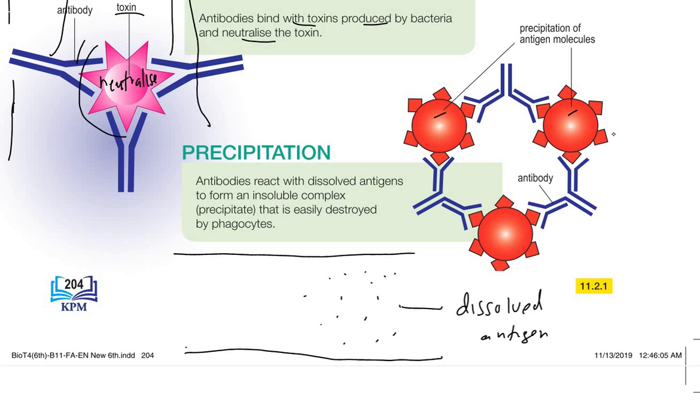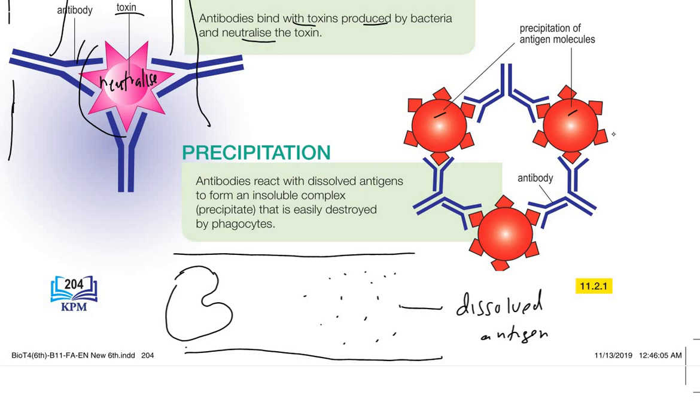For example, if you dissolve sugar completely in water, you can only see the water. So dissolved antigen cannot be recognized by the phagocytes. Maybe the phagocyte does not even know there is antigen there.